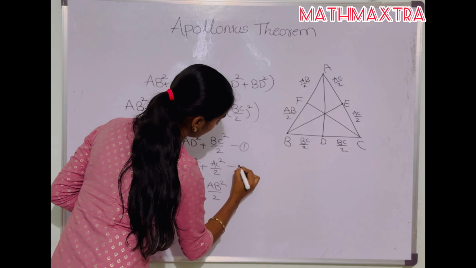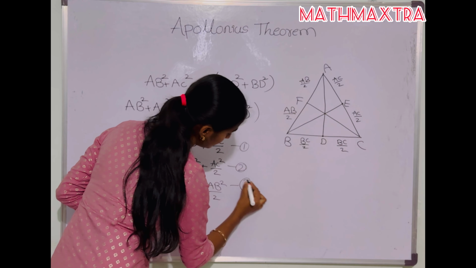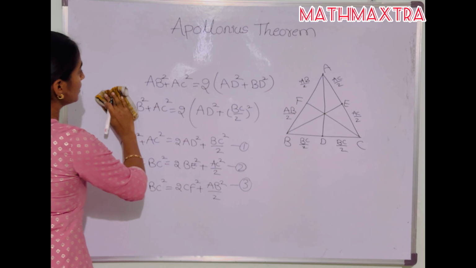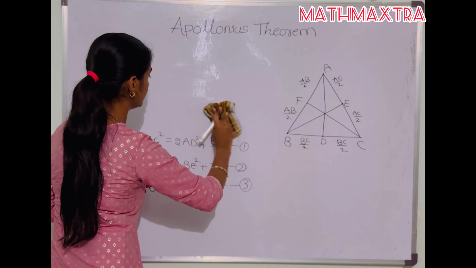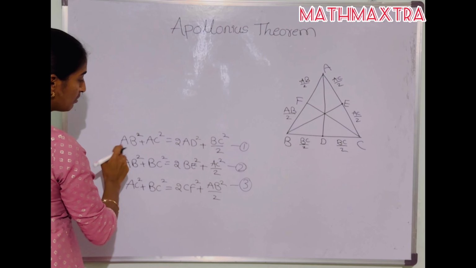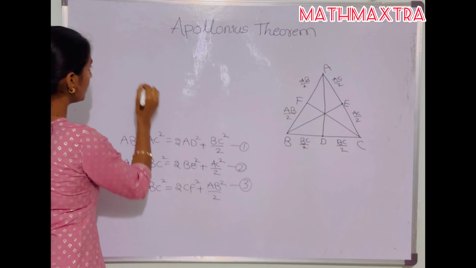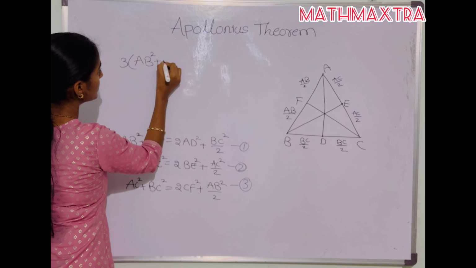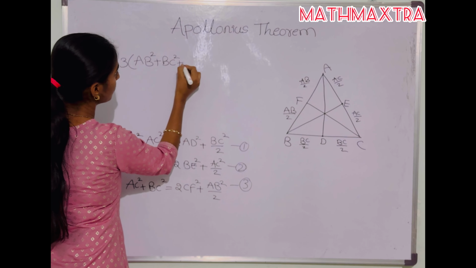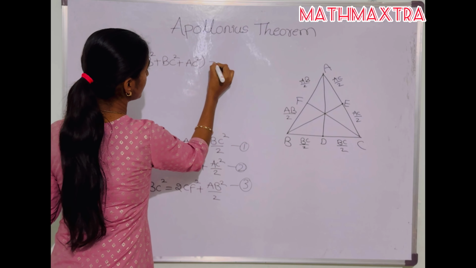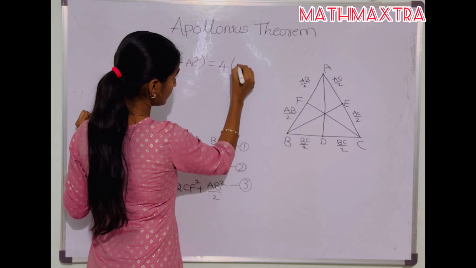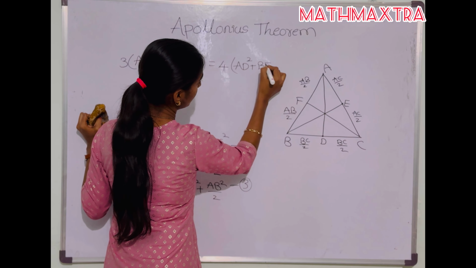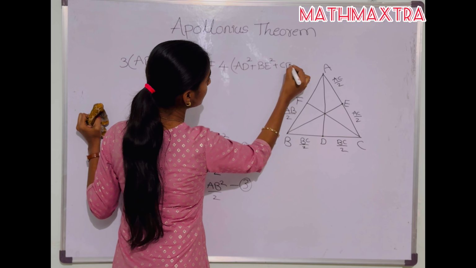These are the three equations. From these three equations, by simplifying them, you will get 3 times the sum of the squares of the sides, AB square plus BC square plus AC square, which is always equal to 4 times the sum of the squares of the medians, AD square plus BE square plus CF square.